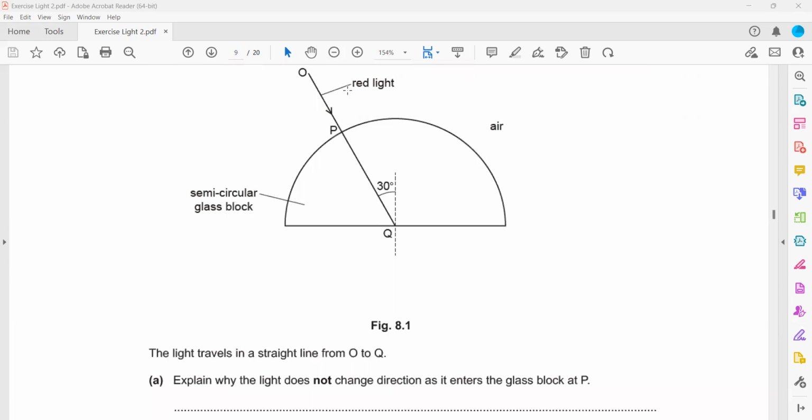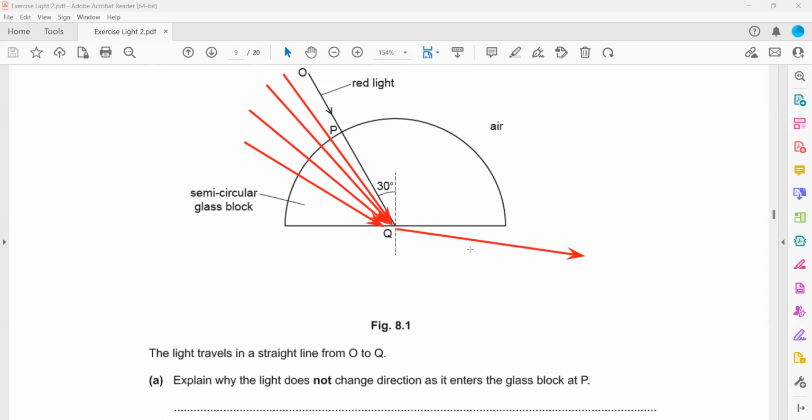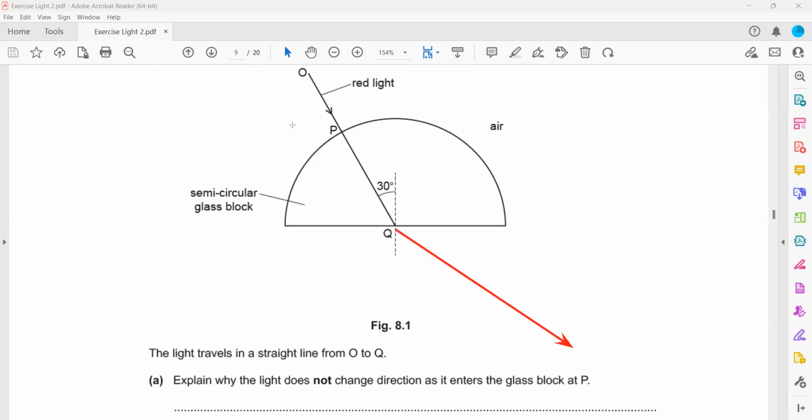Like what we are doing, first we strike with 30, then 40, then 50, so we are increasing this angle. As a result, when the angle of incidence is increasing, the angle of refraction will also increase. When it is 30, it was 48.5.